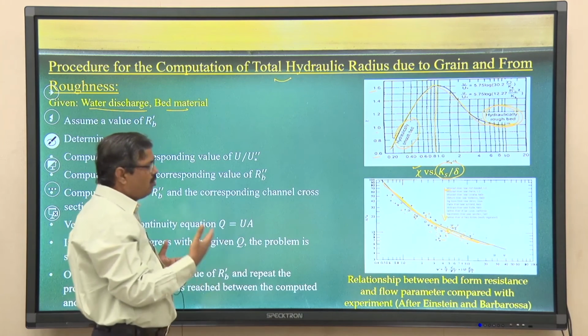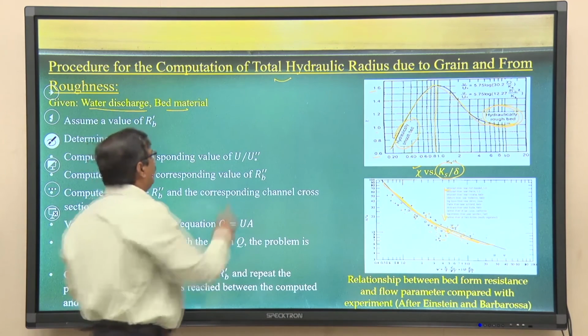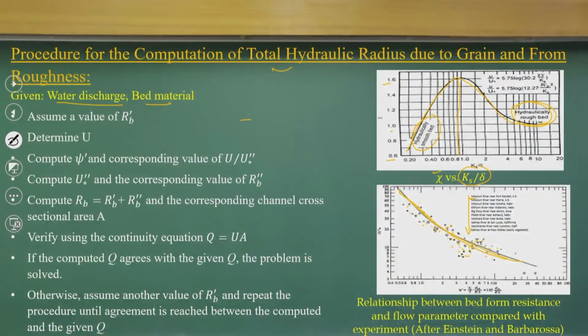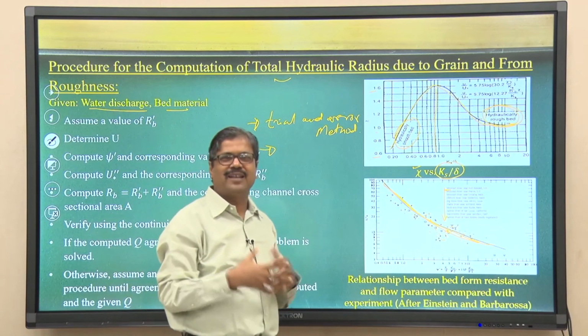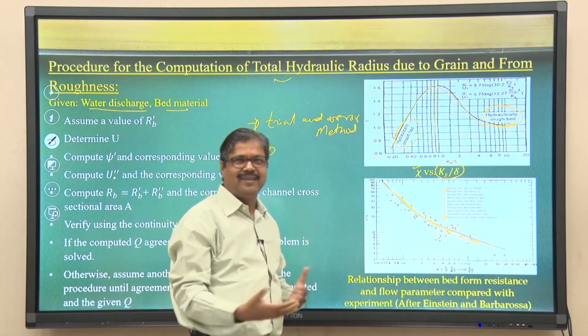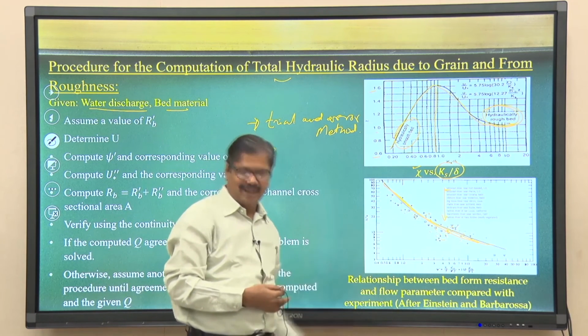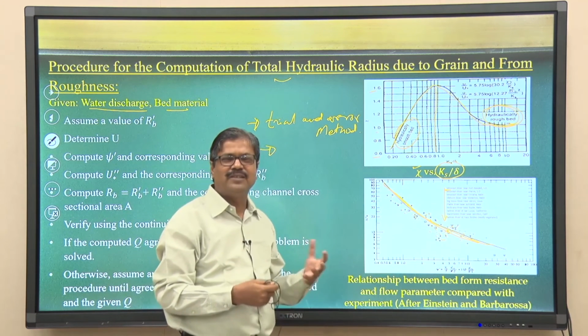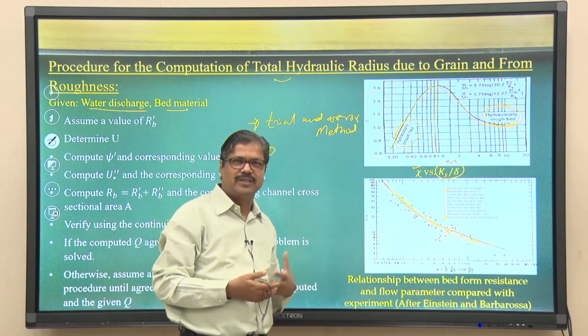Because these are nonlinear equations, we follow trial and error methods. But today, because we have a lot of mathematical tools, I do not think we should dwell on the trial and error method, but as students you should look at how the procedure is done, because you have two nonlinear equations.